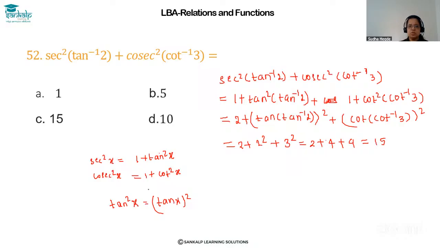Correct? So in this question the major step is this. Now check the answer. Option C 15 is the correct answer. Got it right? Majorly you need to remember those two trigonometric identities. Okay? Thank you.